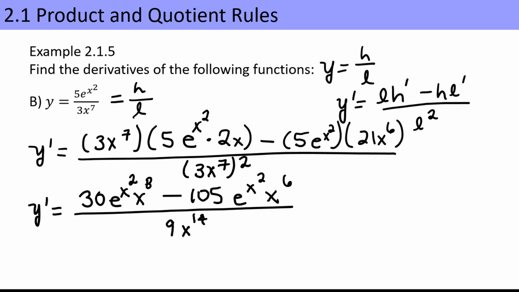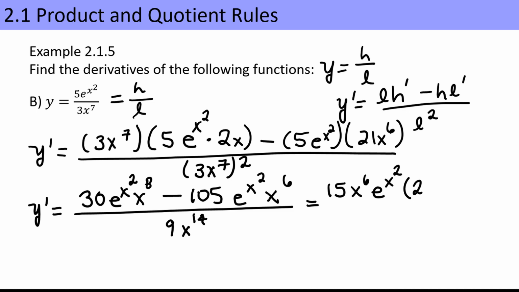Okay, what common term can we factor out of the numerator? Well, in the numerator, the constant 15 is common. We also can factor out an x to the 6th and an e to the power of x squared. Let's see what remains. If I divide 30 by 15, that gives me a 2.